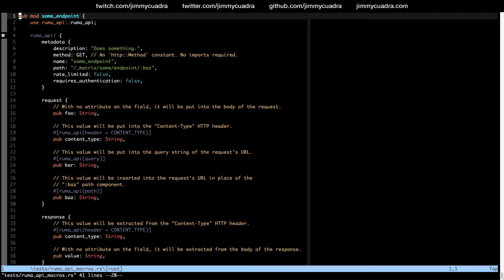Question from chat: why Rust and not C++ or C? I mentioned a little earlier when I was talking about what Rust is. I like to describe it as what C++ would be if C++ were invented today.